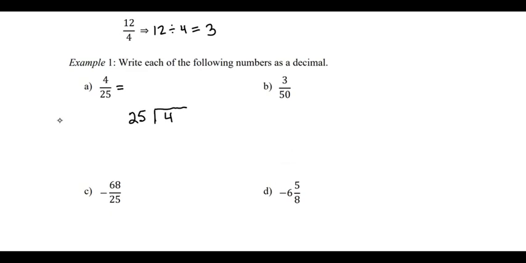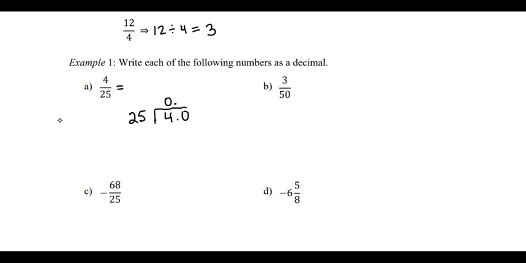So one thing I know that 25 does not go into 4, so I'm going to put my 0, and I am done with the whole part of this problem, because now I run out of whole numbers. I need to put the decimal point, and then I'm going to add a 0 after the decimal point, which is, as we learned in the previous lesson, trailing zeros don't change the number, and we can add as many of them as we need for our division.